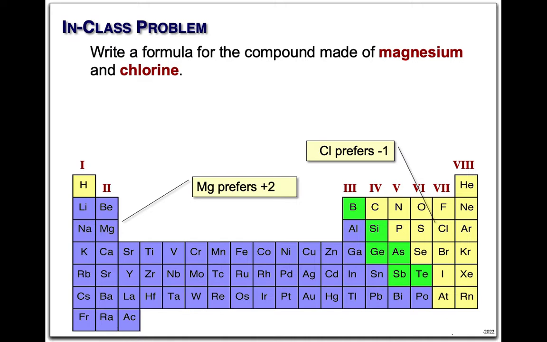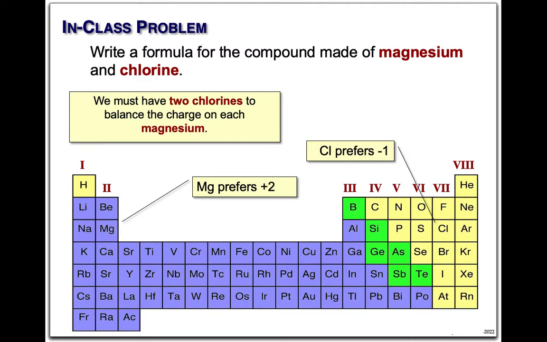We need to come up with a ratio so that we can balance the charge. We need 2 -1s to balance our magnesium. By inspection, we could simply write magnesium, Cl2. And that's magnesium chloride.